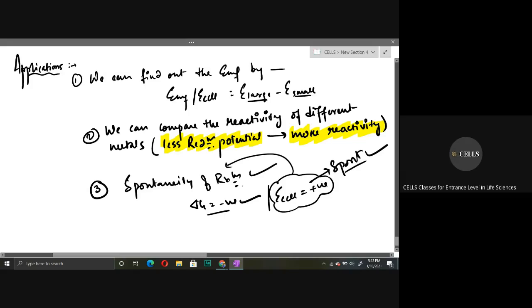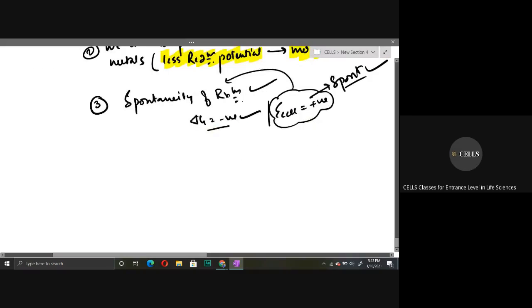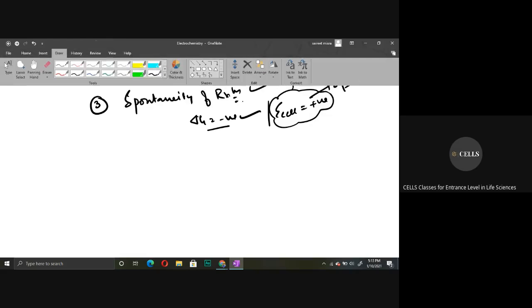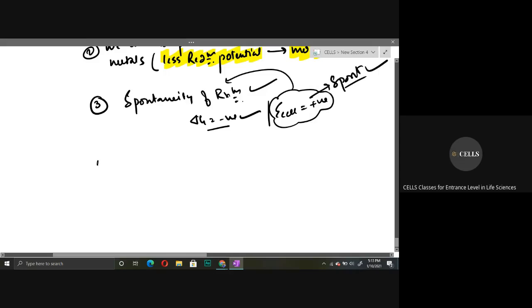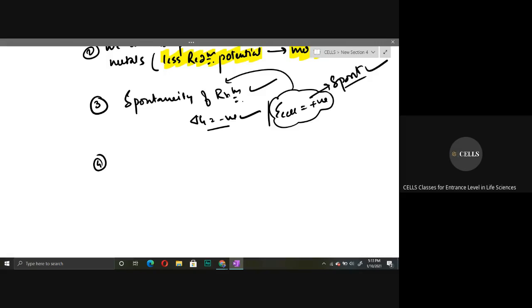And fourth, whether hydrogen gas will be liberated or not.